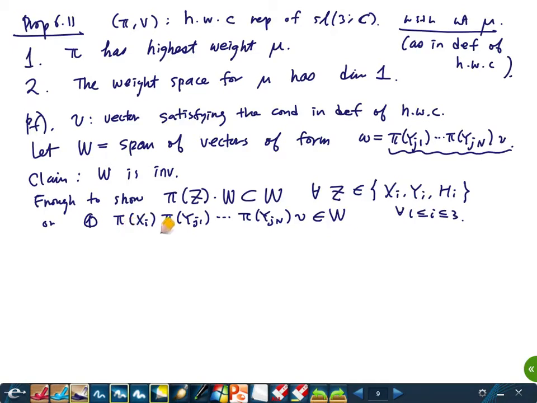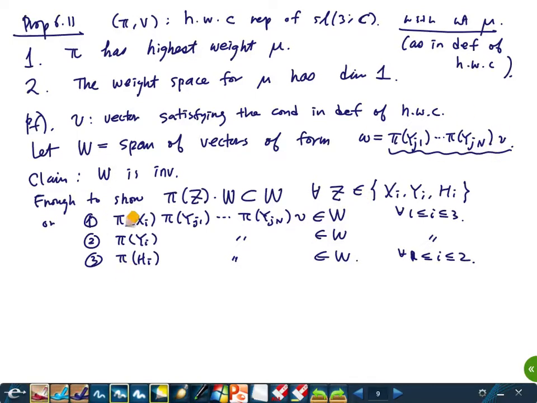If you apply x to it, it stays there, because it's a basis element. And also, if you apply y, it must be there. And if you apply h, it must be there, right? But here for h, i is from 1 to 2. There is no h3. We want to show that this is a linear sum of this.